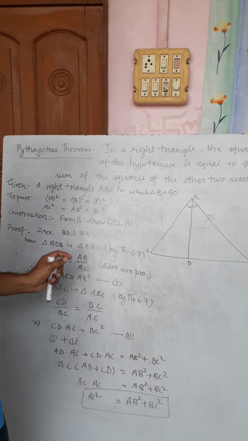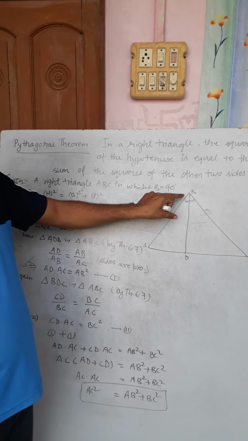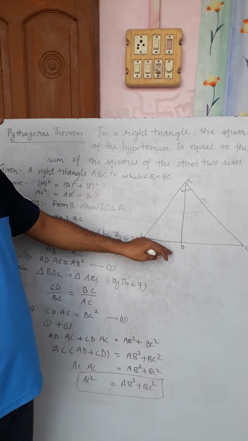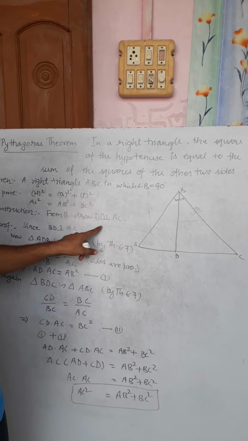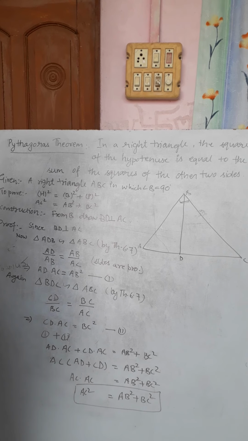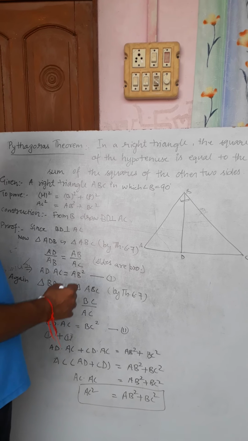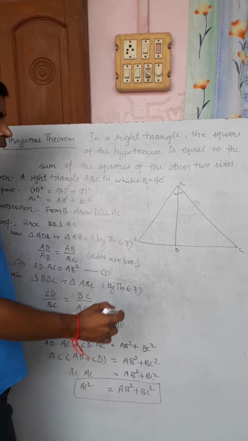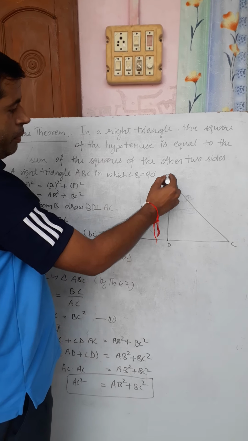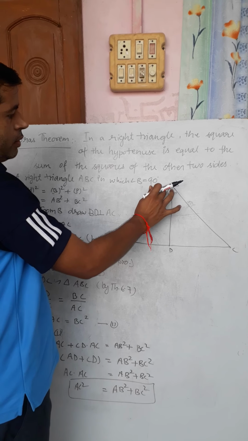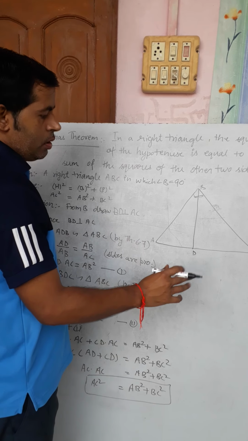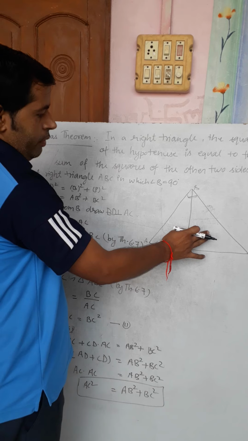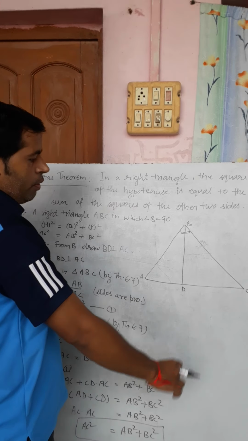Now we will draw a perpendicular from B to D on AC. So draw BD perpendicular to AC. Now we know that if we have drawn one perpendicular from the right angle vertex, how many triangles form? There will be three triangles: one this one, one this one, and one whole triangle.